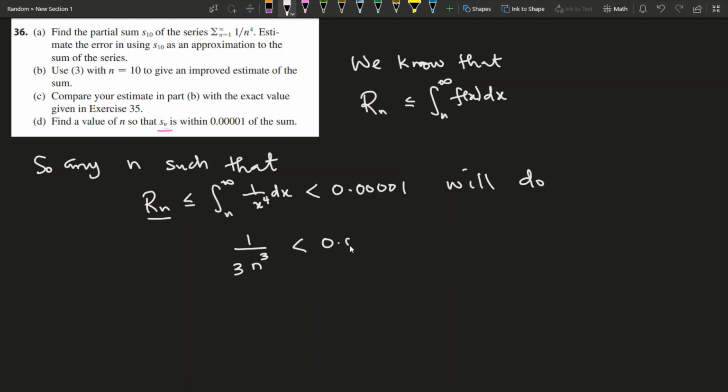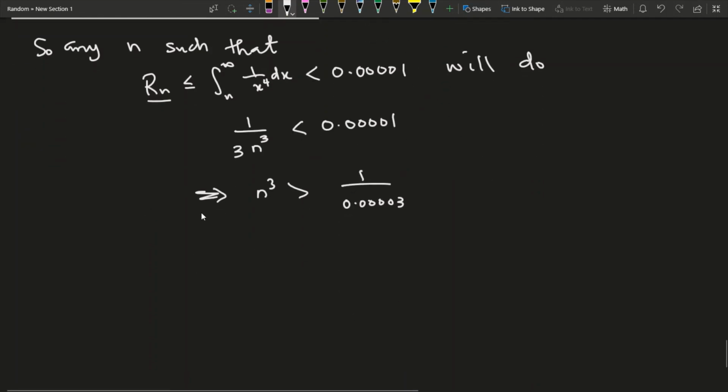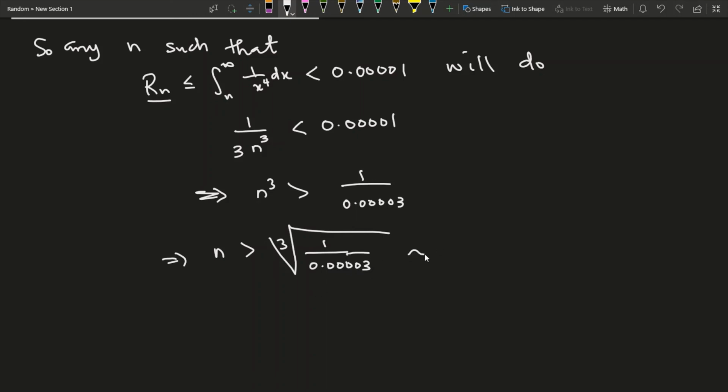So just work this out, and from here we get that n to the third is bigger than 1 over 3 times this, 0.00003, and n is bigger than, taking the cube root, 1 over 0.0003, which is roughly 32.183, right?